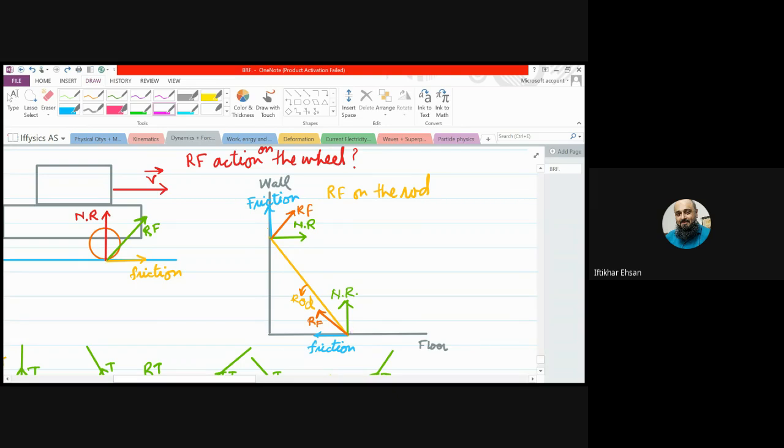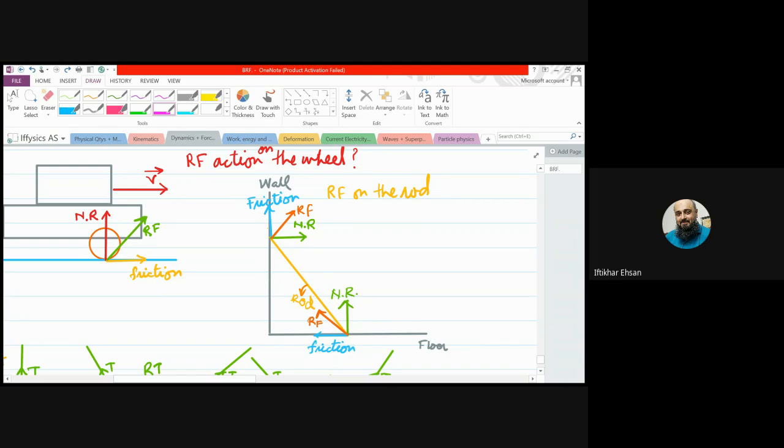When this end slips to the right, the friction will act in the opposite direction, to the left. The force applied by the surface will be the normal reaction, always perpendicular to the surface, so it will be upward.